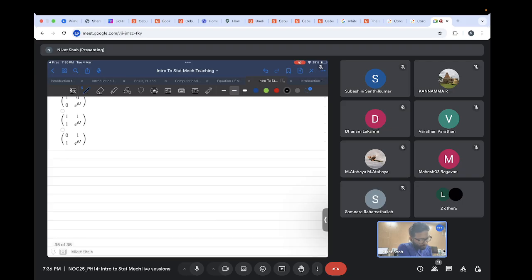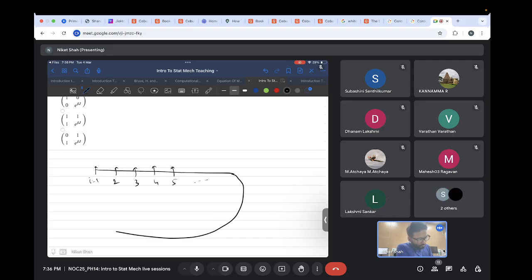So we have this chain where there are spins located at periodic distances. This is i equals 1, 2, 3, 4, 5, etc. Now what we're seeing is that the last one is actually connected to the first one.